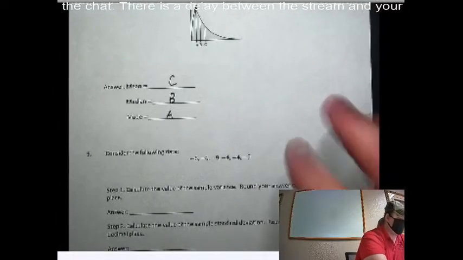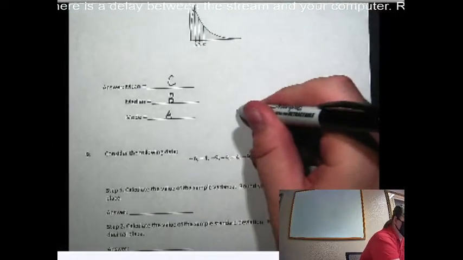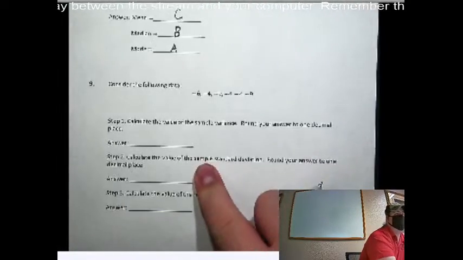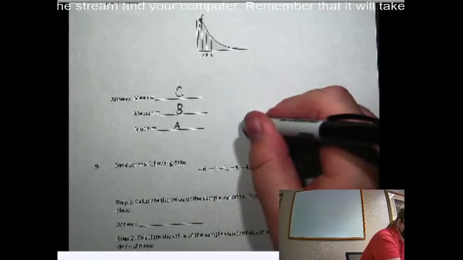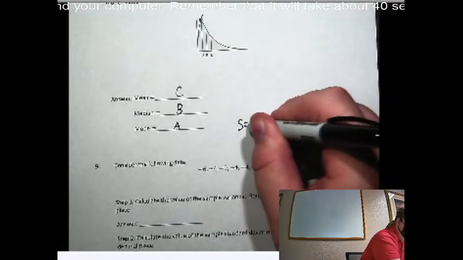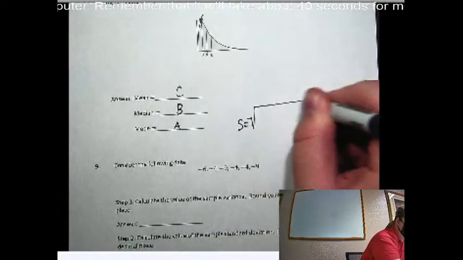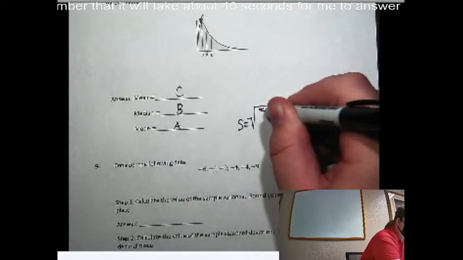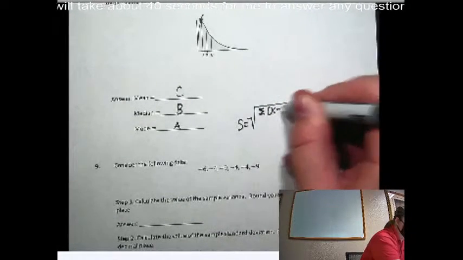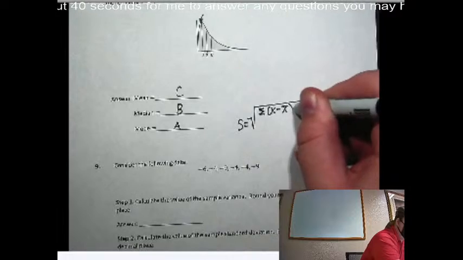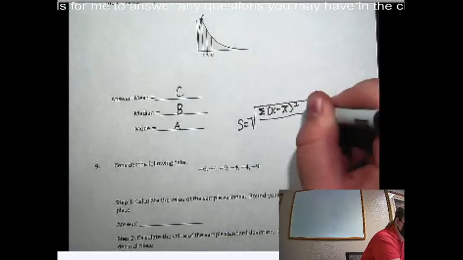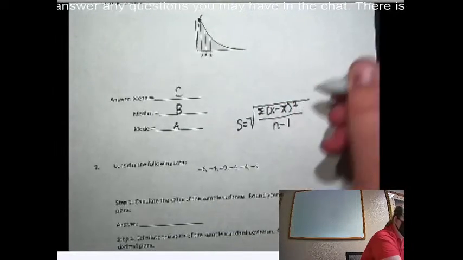So, remember that standard deviation for a sample, we're talking about a sample in this case, is s equals the square root of the sum of x minus x bar squared all over n minus 1.